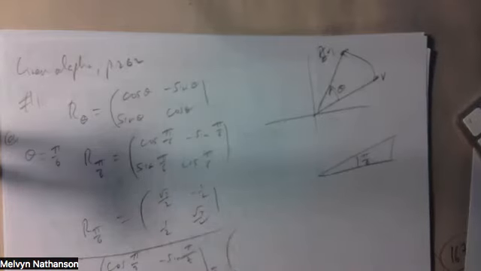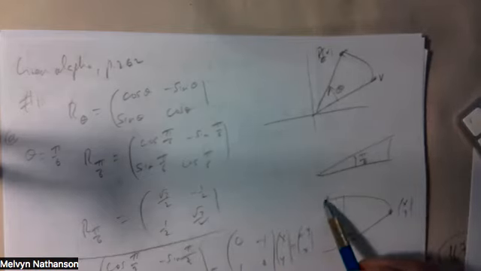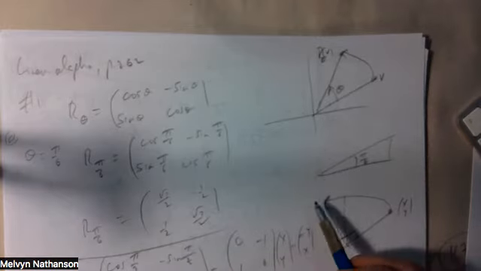And the cosine of pi over 2 is 0, and the sine of pi over 2 is 1. So you get this matrix. So this just means take a vector and rotate it by 90 degrees. And if this is (x, y), if you apply this matrix to (x, y), you get (-y, x). So the vector (x, y), when you rotate by 90 degrees, is the vector (-y, x).